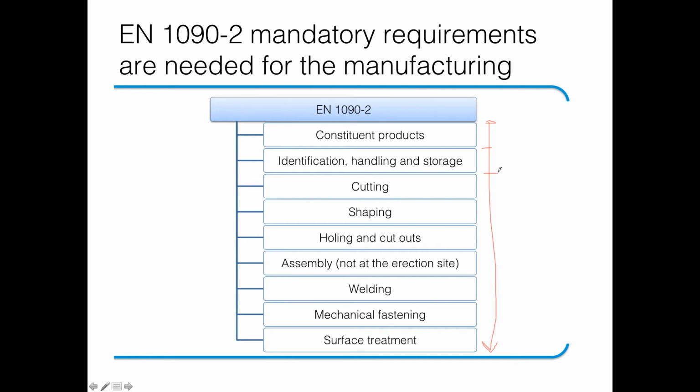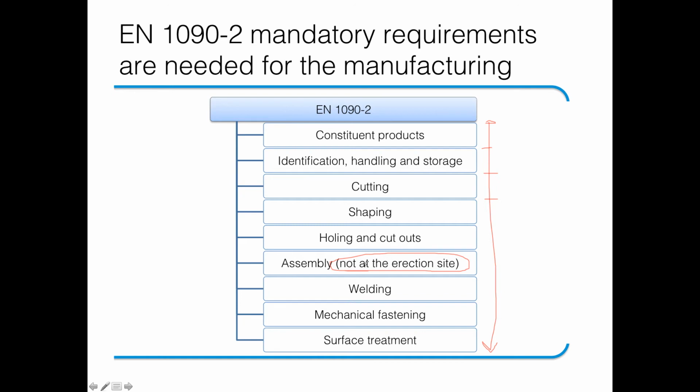Then we have how to handle those products, how to store them, how to identify them. Then we have the requirements for cutting, shaping, holing, cutouts, assembly, but not the erection side because the CE marking only deals with the manufacturing done in the workshop. So all manufacturing and erection done at the erection site is excluded by definition from the CE marking. So at the erection site you can do whatever you want to.